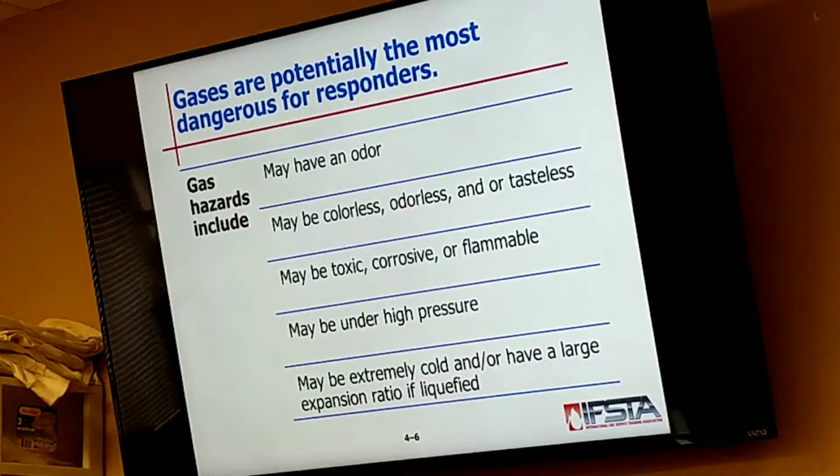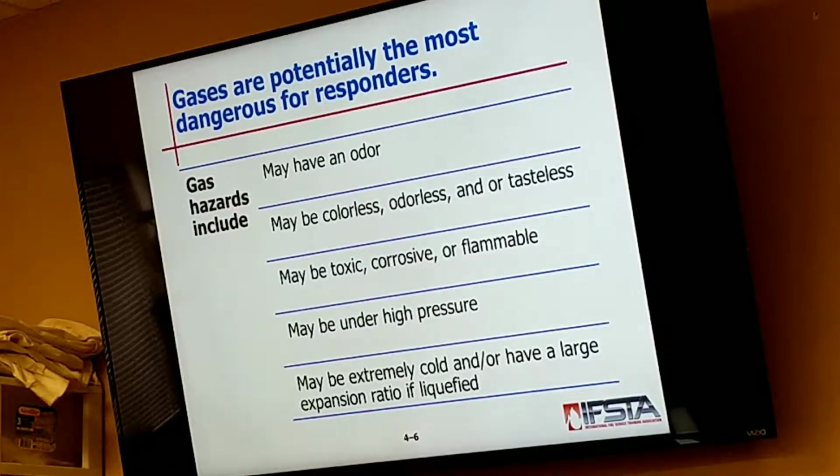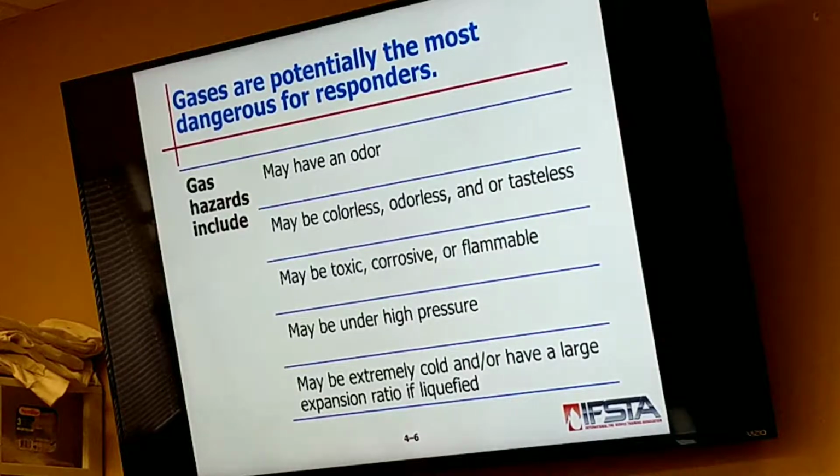Some may be colorless, odorless, tasteless, such as carbon monoxide. Then we have some that could be a combination. Toxic, such as phosgene. We talked a little bit Thursday about what phosgene was.